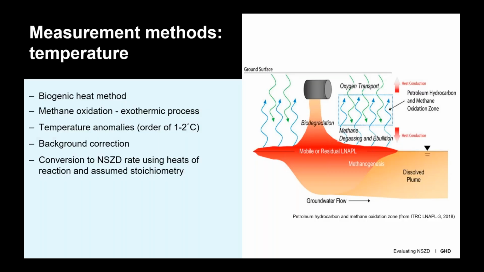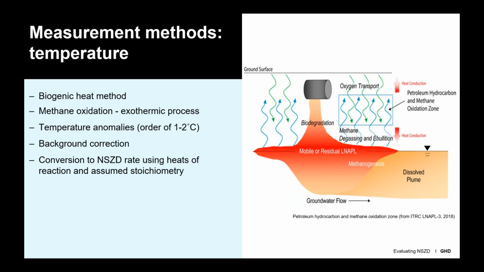All right, so the biogenic heat method is another typical, pretty common method for measuring NSZD rates at a site. This method involves measuring temperature changes that are associated with methane oxidation.